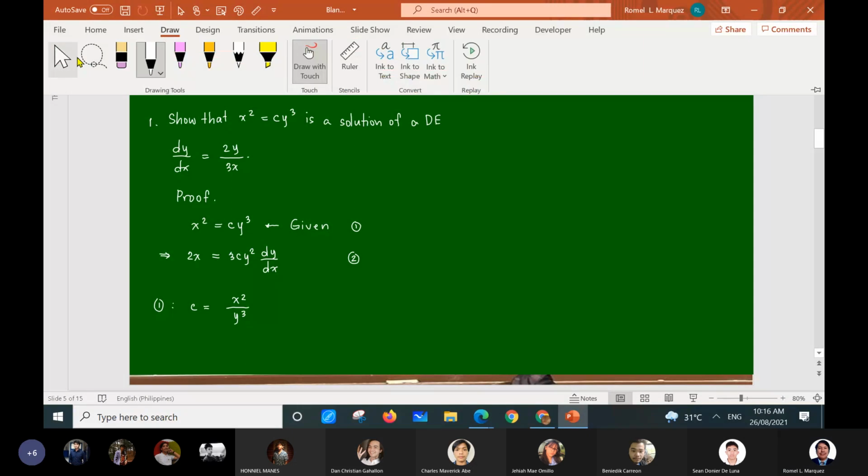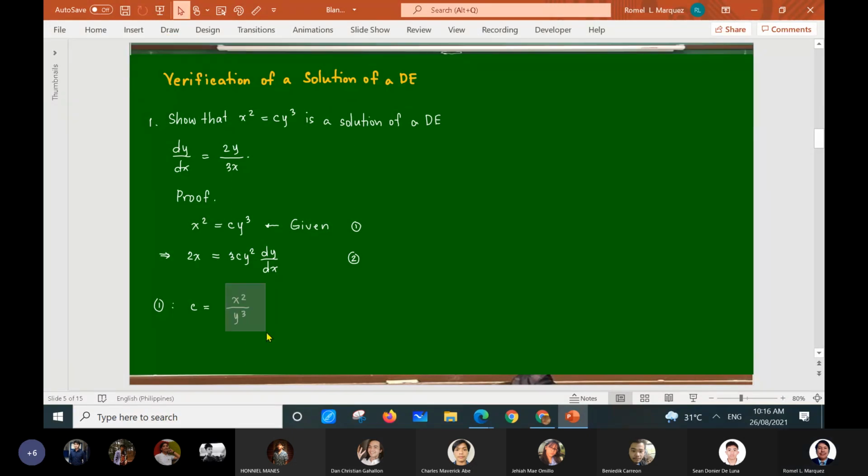Next, we're going to substitute this to number 2. So from number 2, we have 2x is equal to 3c y squared, derivative of y with respect to x.